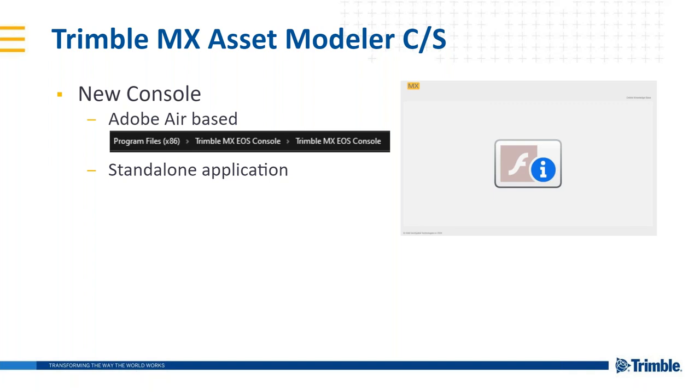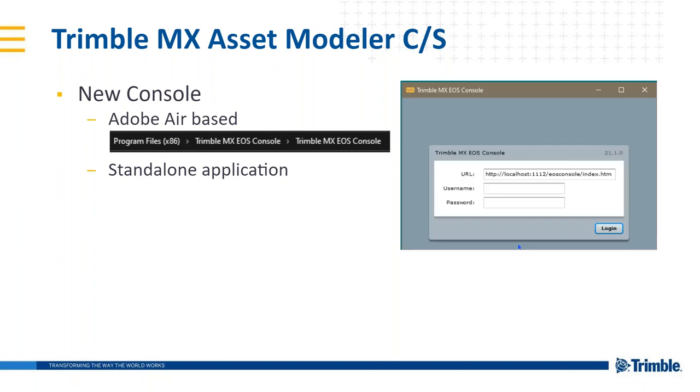Which means that you will not be able to navigate to your server with the EOS console anymore because it employs Adobe Flash Player. So the solution for that is that now we have a new console as a standalone product, which allows you to open the same viewer and access all the functionalities of the console, but in a standalone application.